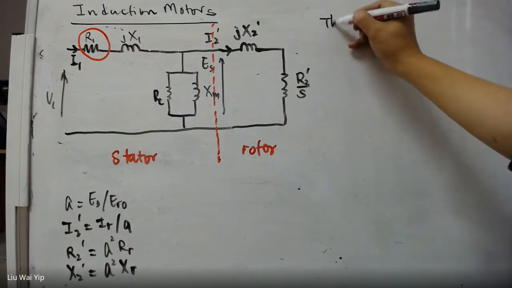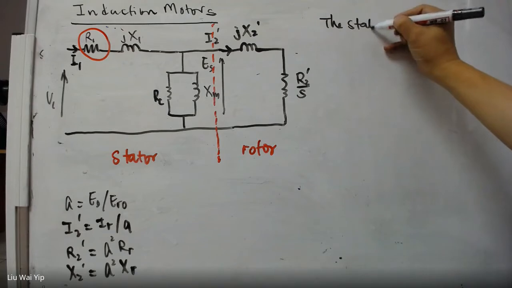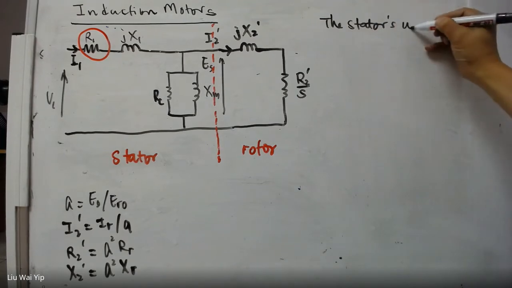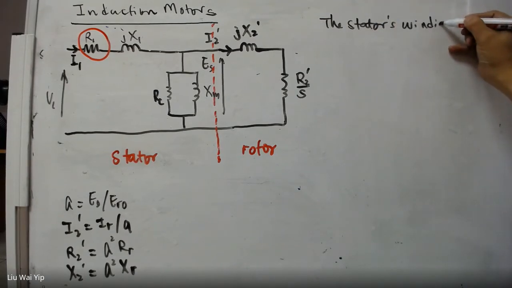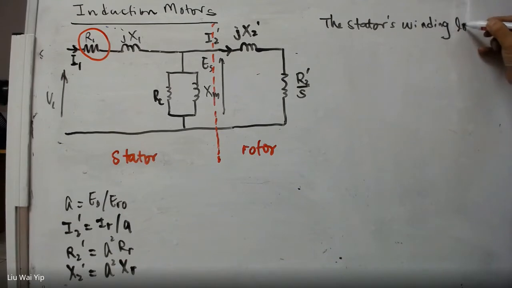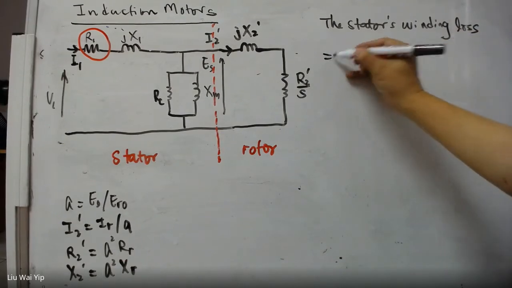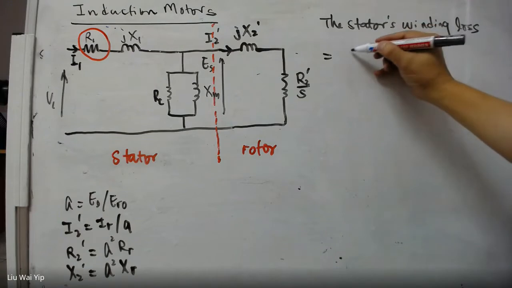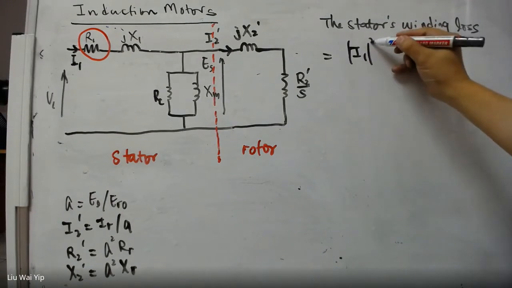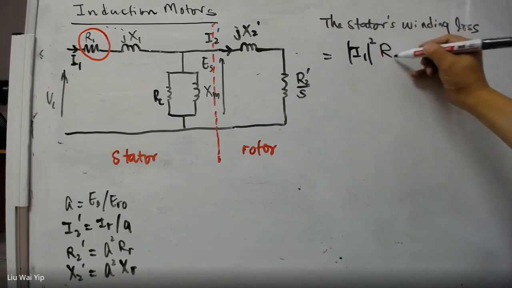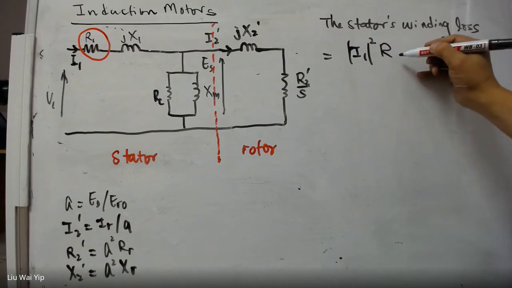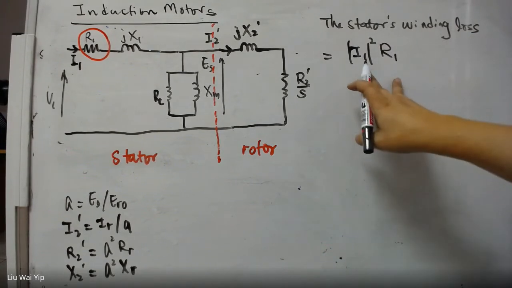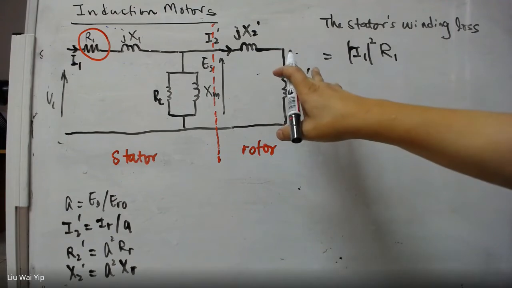So the stator winding loss is I1 square times R1. And this power is for one phase only.